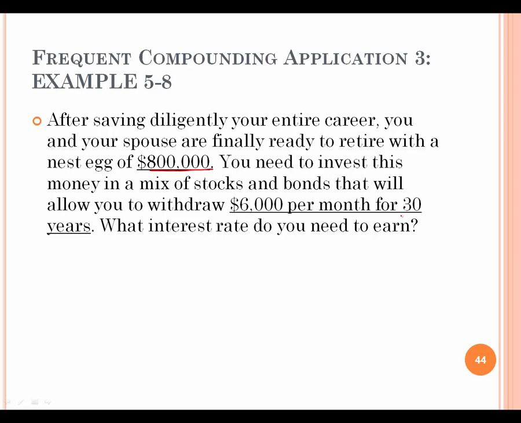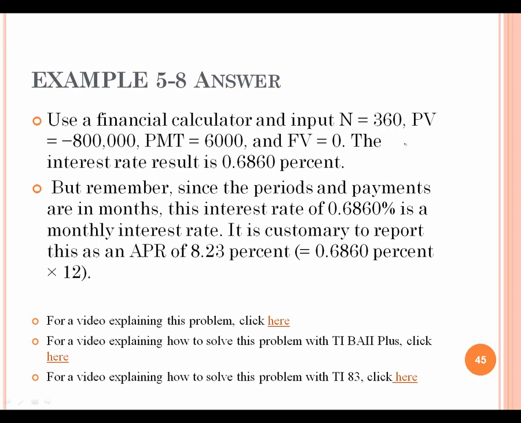So we have N is 360, which is 30 multiplied by 12. Present value is this much. This is what you would already have by the time that you start your retirement, and payment will be $6,000. You notice that between present value and payment, one is positive, one is negative.